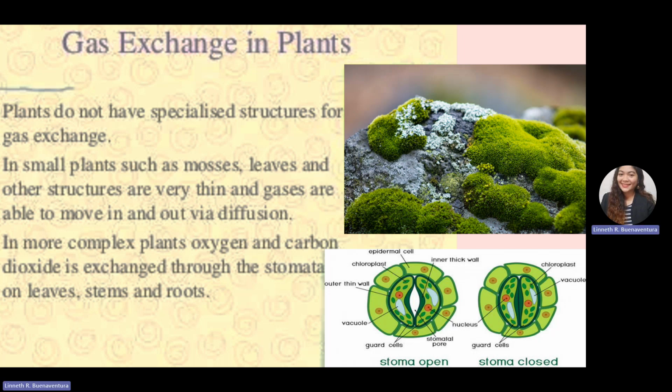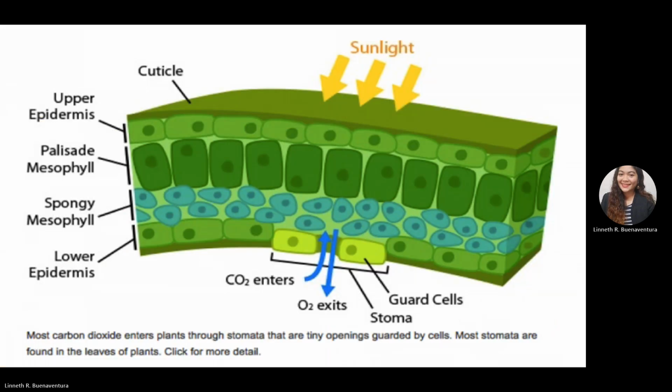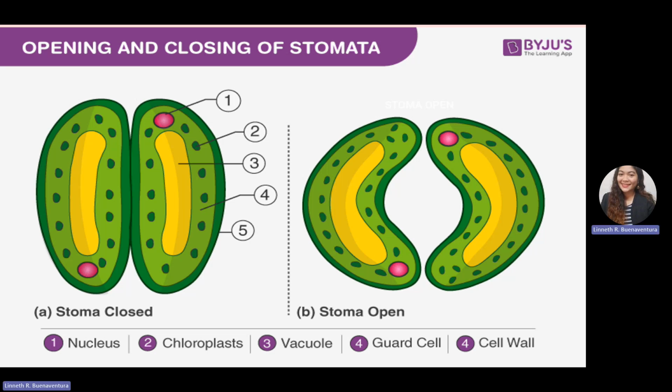Okay, the guard cells will open and then let the oxygen enter or carbon dioxide leave the plant cell. If it doesn't need gases such as carbon dioxide and oxygen, the guard cell closes.